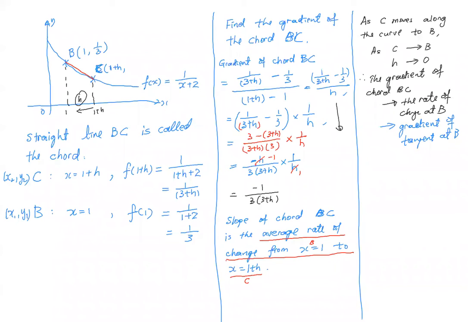Okay, so how do we write all this in maths? For this whole thing, for approaches, we use limit, and we write it at the bottom.